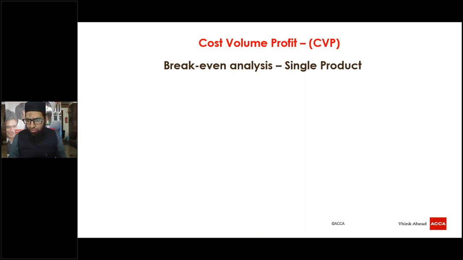So, is there any question regarding the last session? Yesterday we discussed the costing section of F5, which includes activity-based costing, target costing, life cycle costing, and throughput accounting. Have you covered that?